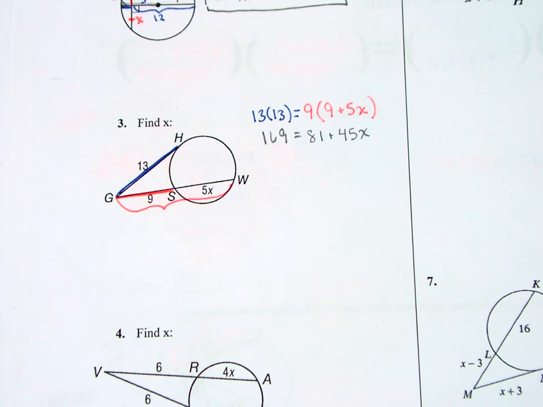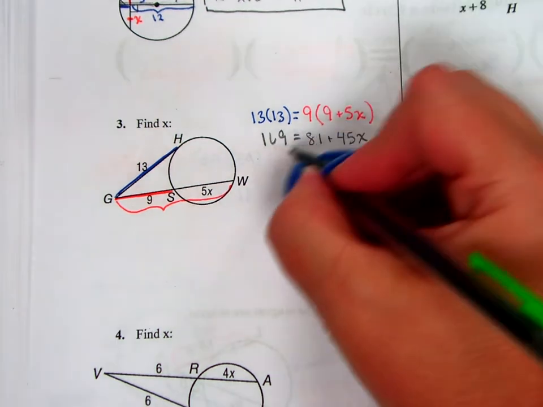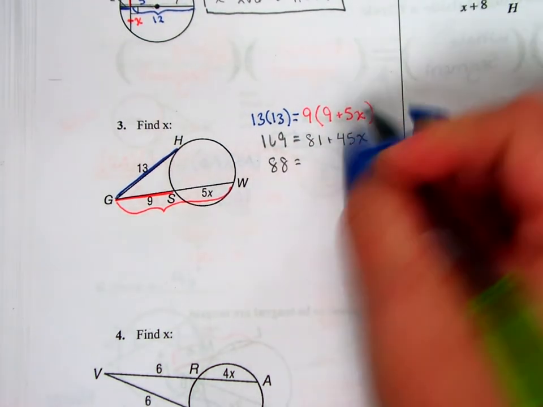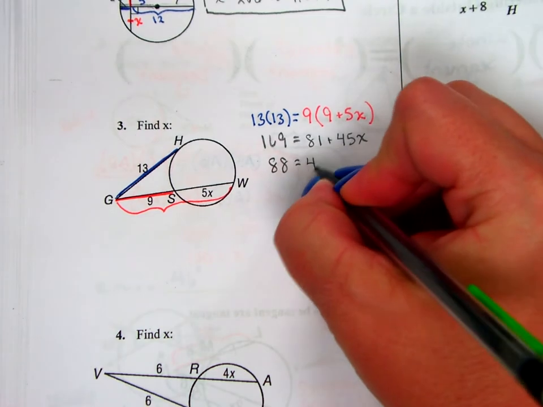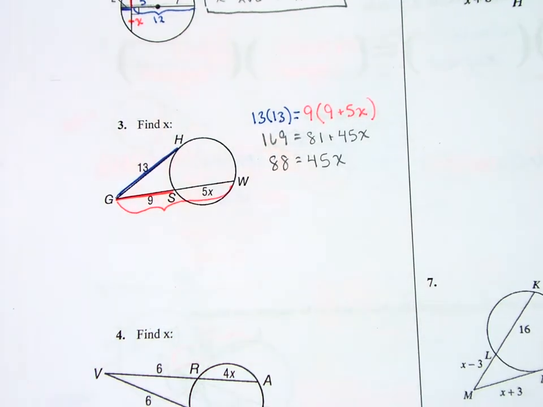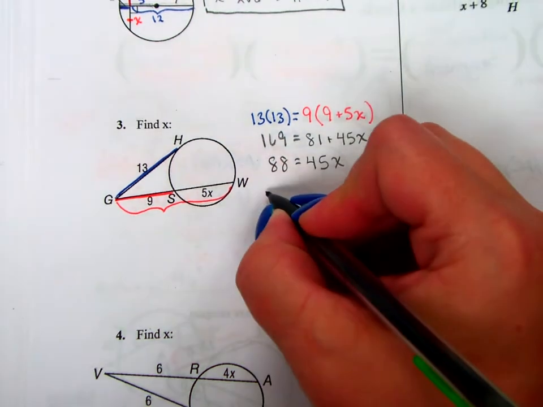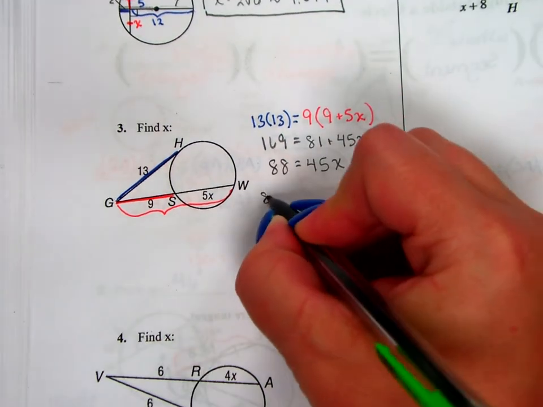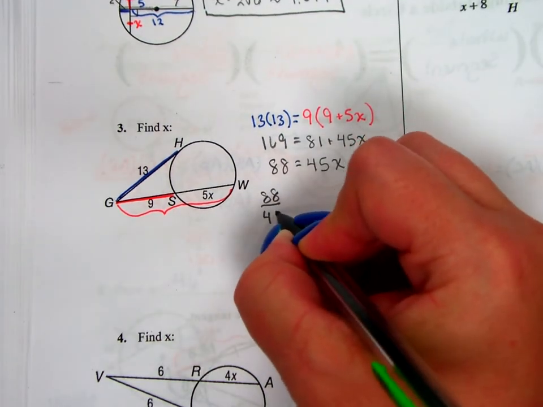All right, what am I going to do first? Minus 81. When I take 81 away, I get 88. I take that one away, so I just have 45x. Then I'm going to divide by 45, which it doesn't divide, so you can either say it is 88 over 45, if you want an exact answer.